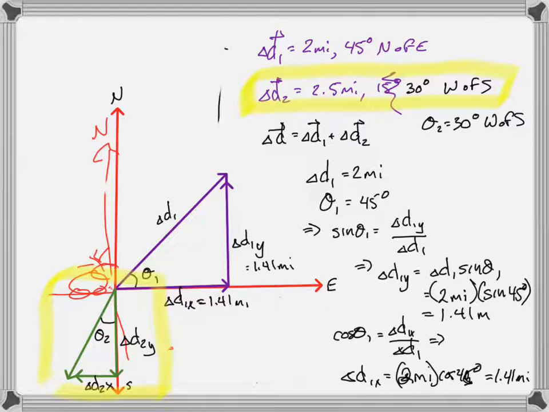What we can find is that the sine of theta 2, look at the triangle, is the opposite side over the hypotenuse, SOHCAHTOA.